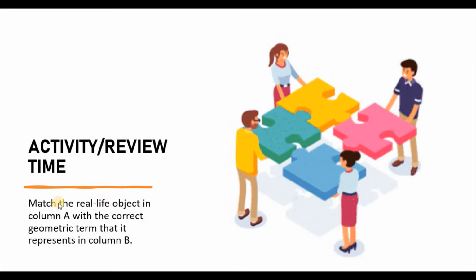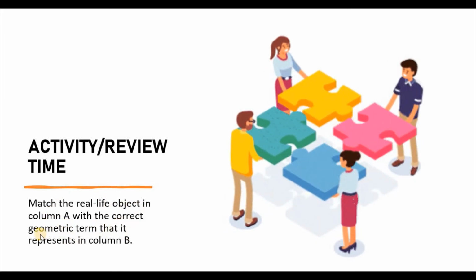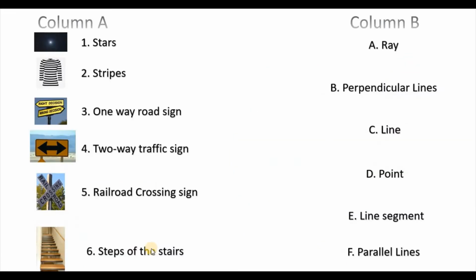Match the real-life object in column A with the correct geometric term that it represents in column B. Okay, before we start answering this, you can pause this video for less than a minute and try to answer this activity on your own. And right after that, you can play this video again and see if you got the correct answers.